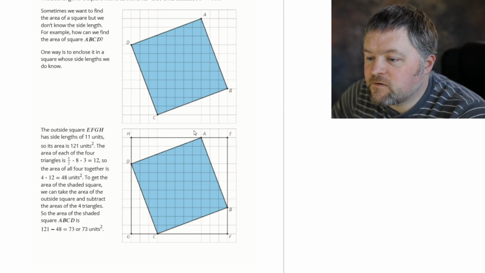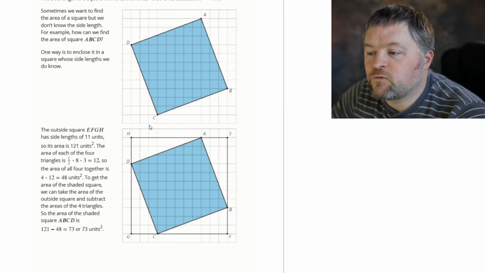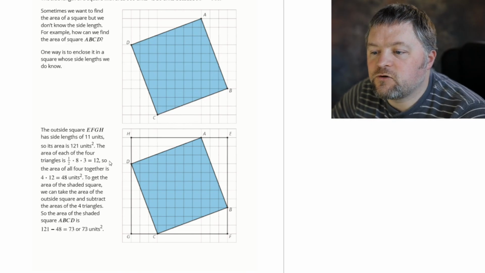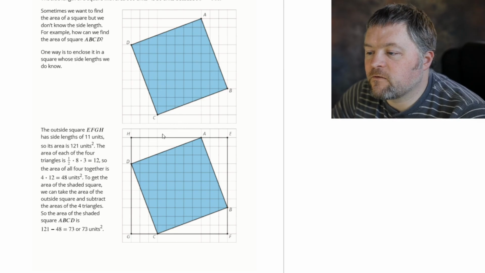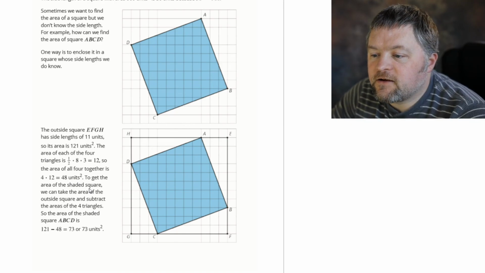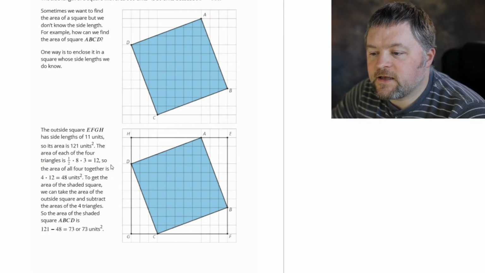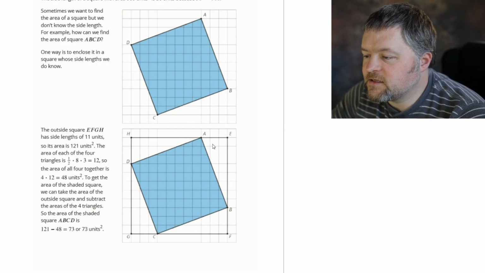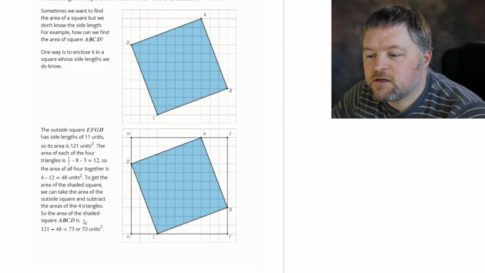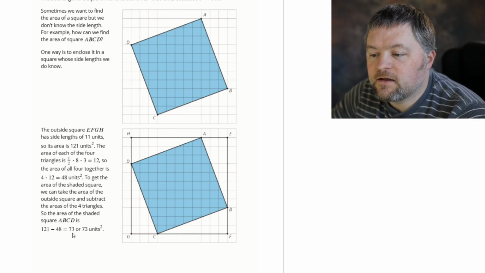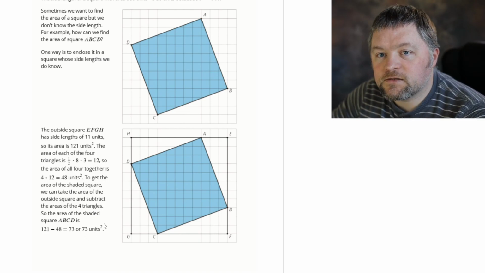The area for each of the 4 triangles is 1/2 times 8 times 3, so 12. So the area of all 4 of those together is 48 units. To get the area of the shaded square, we take the area of the outside square and subtract the area of these 4 inner triangles. So the area of the shaded square, this blue square, is 73 units.